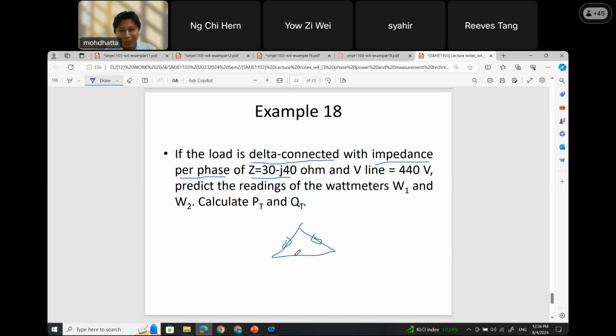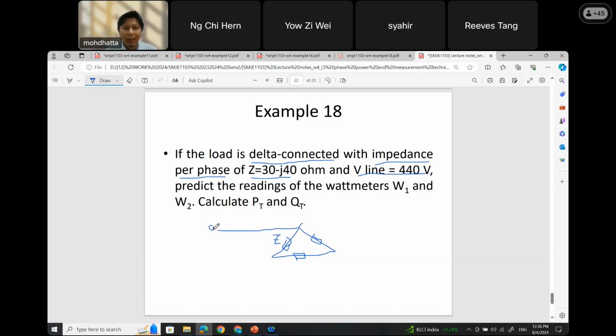I try to draw it using only a mouse over here, that's why it's quite ugly. So, the Z that we have over here is basically the impedance for each phase. And we also have the line voltage, which is 440.